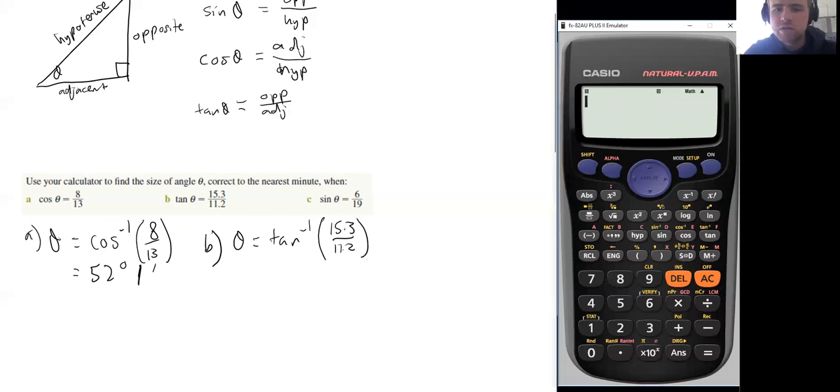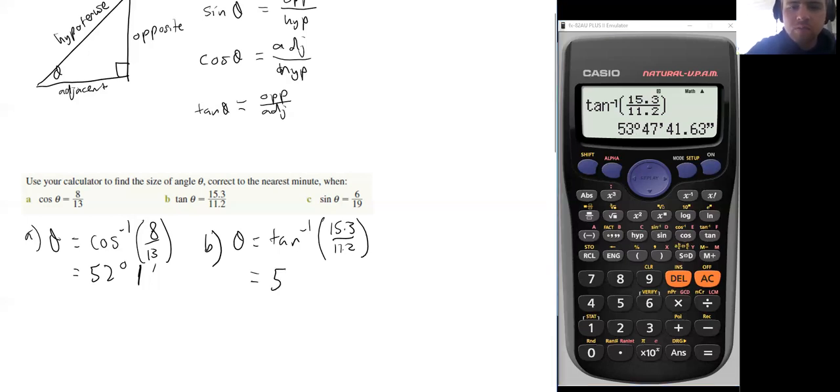So we're going to go shift tan, fraction, 15.3 over 11.2, and then press the arrow and close bracket, and that will give us our answer in decimals, and then we press the degrees button again to convert it to minutes.